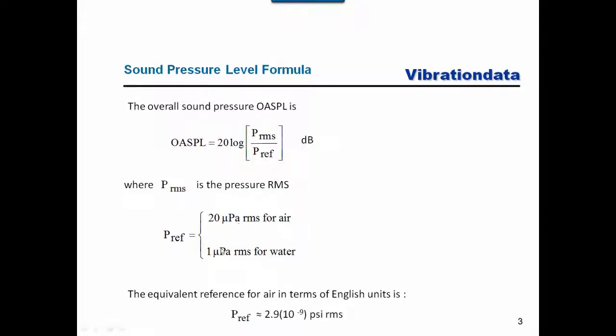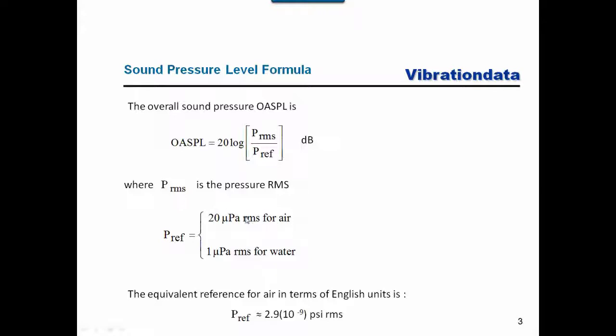On the other hand, if sound is propagating through water, which conducts sound much more efficiently than air due to the increased density, the reference is going to be 1 micropascal. I'm not sure whether we're ever going to cover underwater acoustics in this webinar unit. Maybe we will someday. The common one that you need to know for now is the reference value for air.